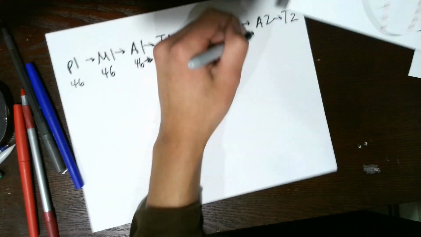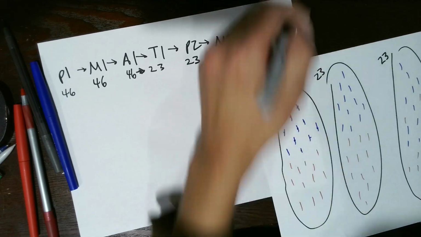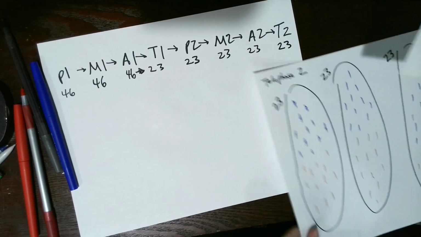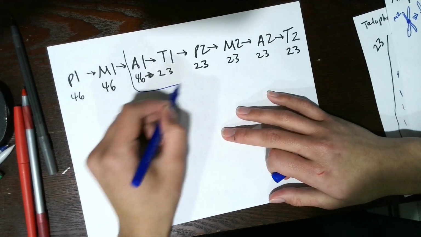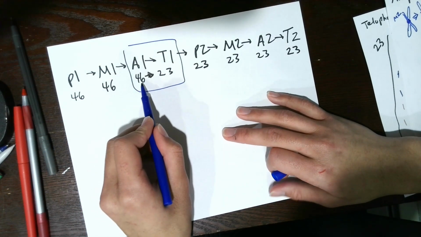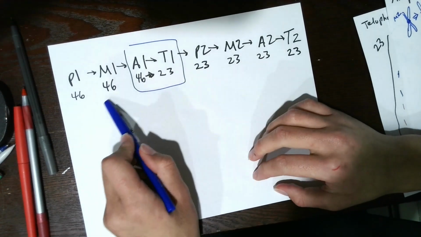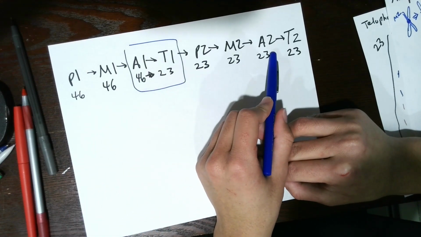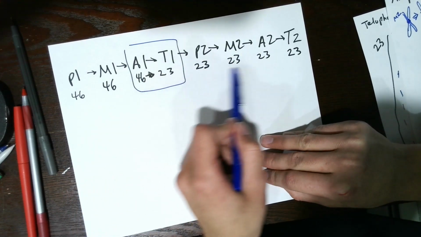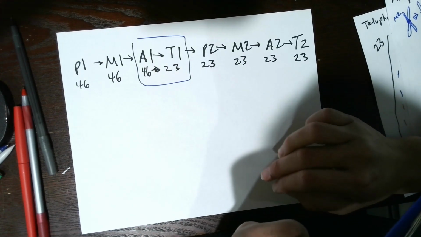Anaphase 2 has 23, and telophase 2 has 23. So, this step right here, anaphase 1 to telophase 1, that's the key step where you're cutting the number of chromosomes in half from 46 to 23. So this is how I study for it. I just make a little flowchart like this, abbreviated, so you can remember, alright, this is what it looks like, these are the numbers, and then from here to here, that's about when it changes.